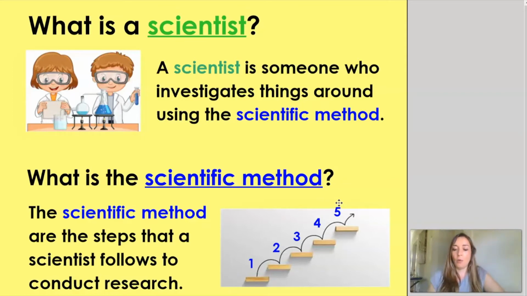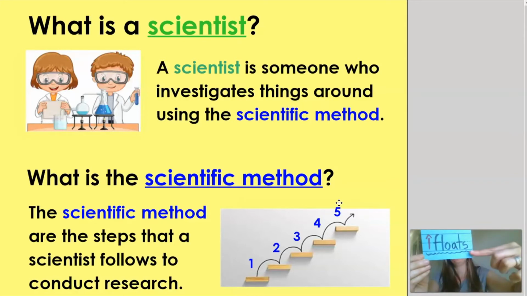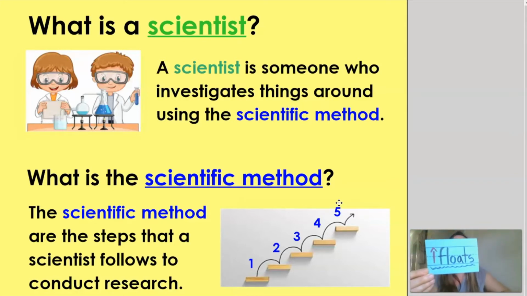First of all, I want you to learn these two words before starting. The first one is floats. As you can see in this picture, when something floats, it means that it stays on the surface of the water without sinking.